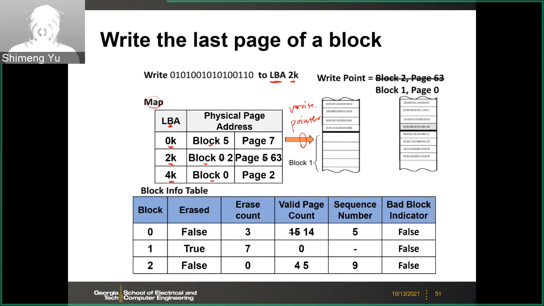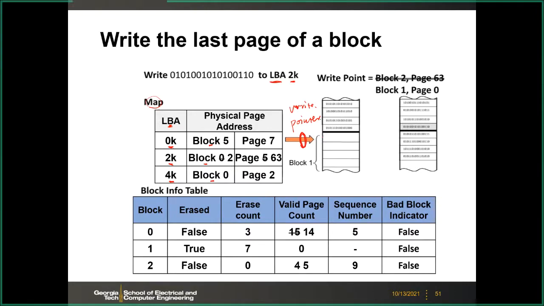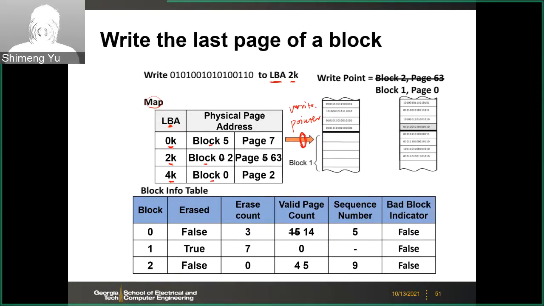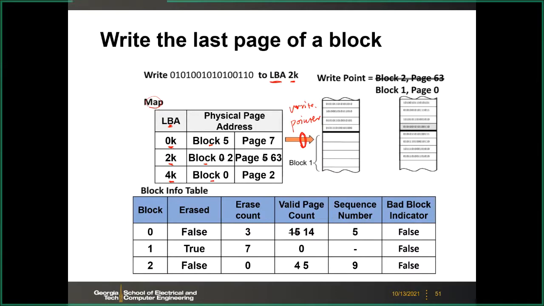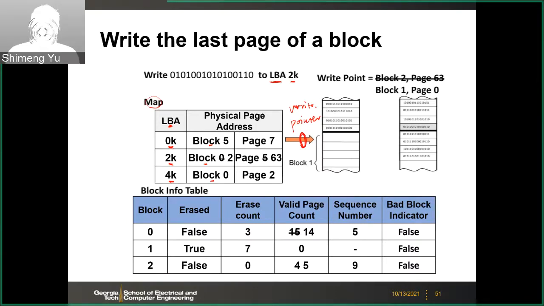You have to follow the order of the page. So this is the write pointer, and right now it's in the block 1. Sorry, I believe it's in the block, let me see. So it's in the block 0. Let's see. So I think at this point it is at block 2, at the end of the block.